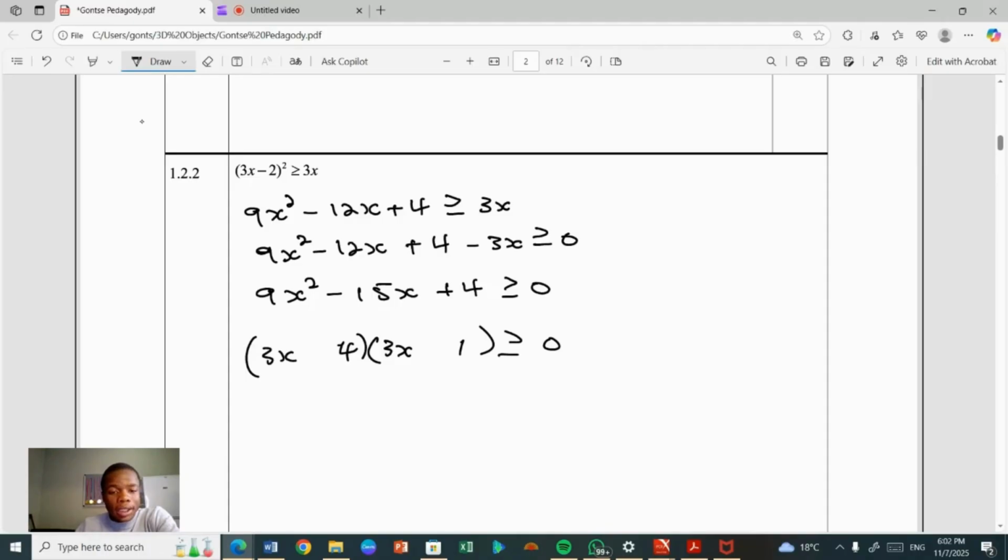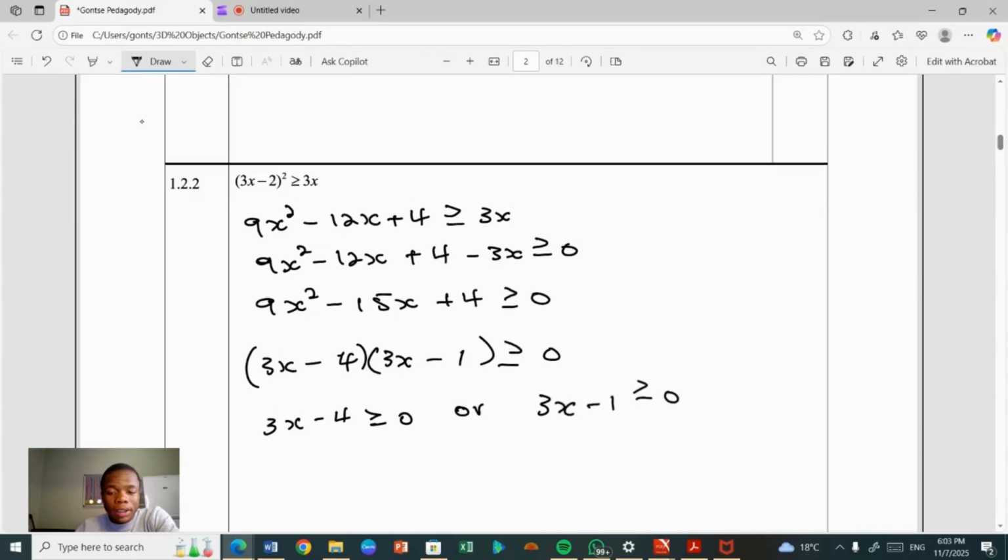It means that our signs have to be the same. Then we look at the middle sign, which is negative. So we'll have negative and negative. Then use the zero factor law: the first factor is greater than or equal to 0, or 3x minus 1 is greater than or equal to 0.